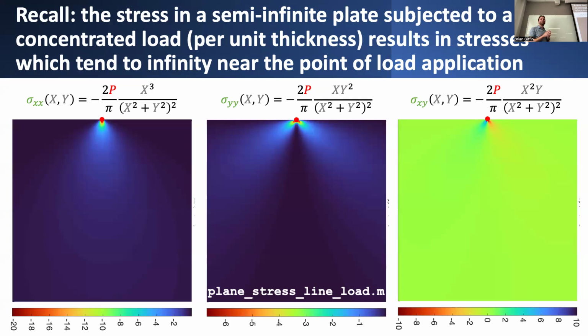What do you think about compatibility? Is there any reason to suspect that compatibility, or the strain displacement relationships, might be causing this? I'm seeing some faint shaking of heads, like probably not.